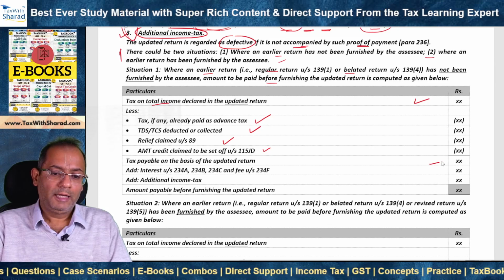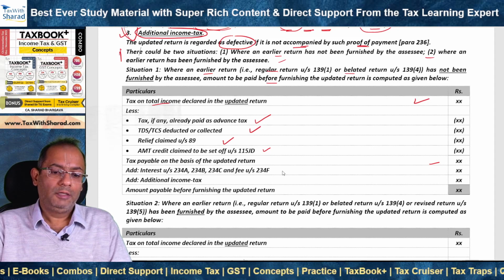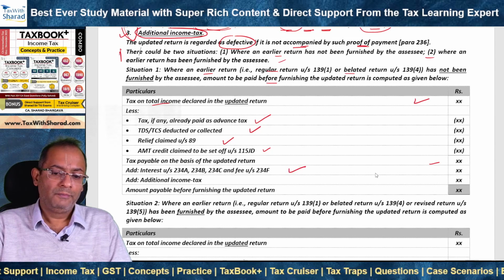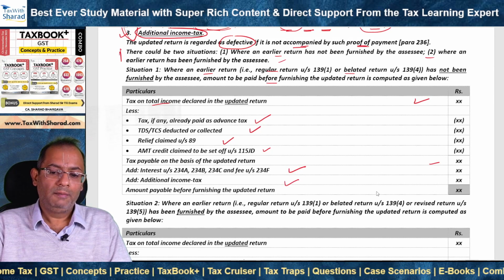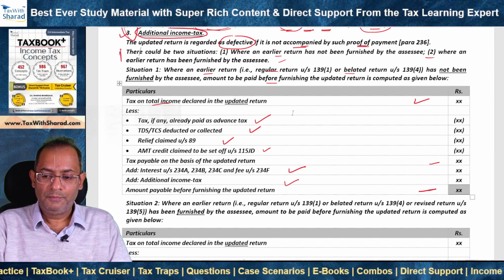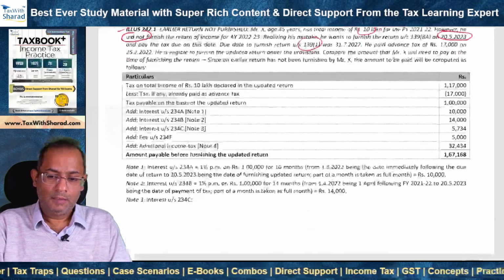That will give you the tax payable on the basis of updated return. To that, you need to add interest under 234A, B, C and fees under section 234F. And then you need to add additional income tax, and this will be the amount payable before furnishing the updated return. Now let's go back to the illustration.